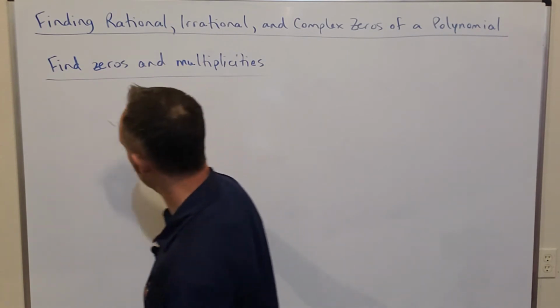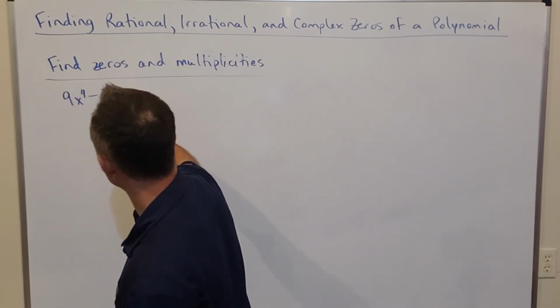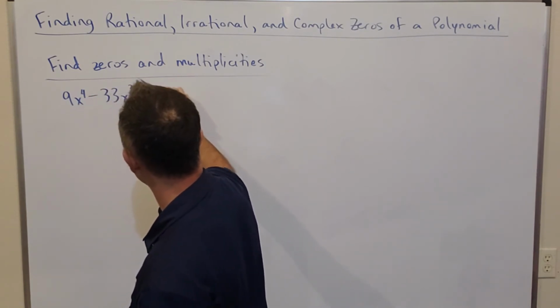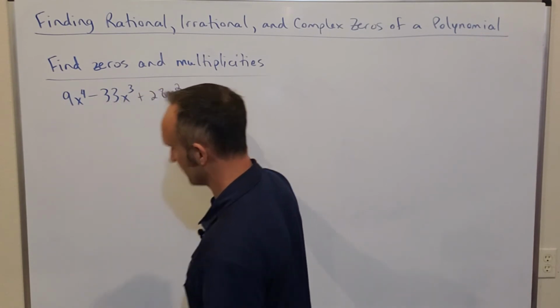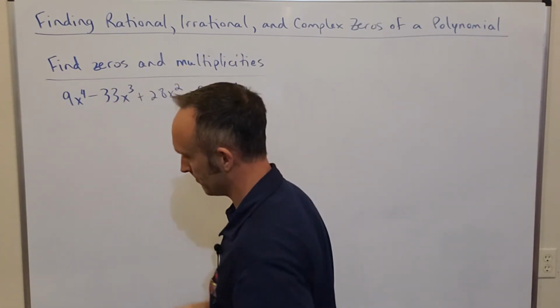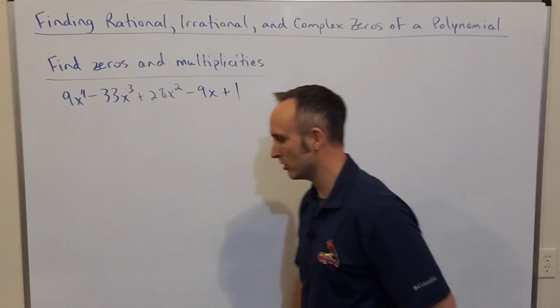And the polynomial is 9x to the 4th minus 33x to the 3rd plus 28x squared minus 9x plus 1, okay? And so our basic techniques don't work. There's simply too many terms.